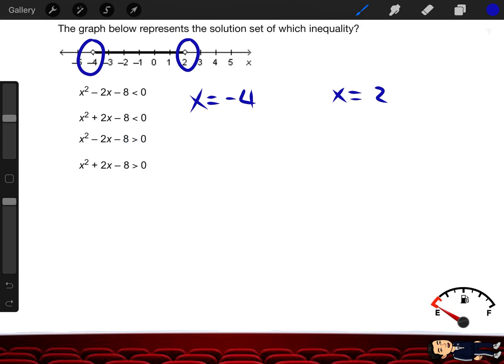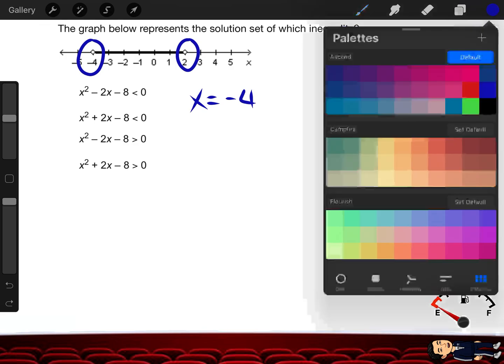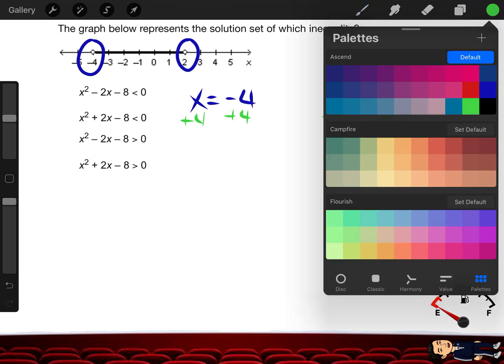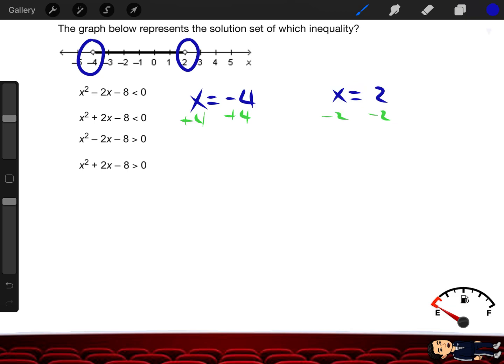So how do you use the reverse way to find out what the quadratic equation is? First, you add 4 on both sides. If you pay close attention, this is basically the reverse way of finding the quadratic equation. So you're going to have x plus 4 and x minus 2. These are the two factors.